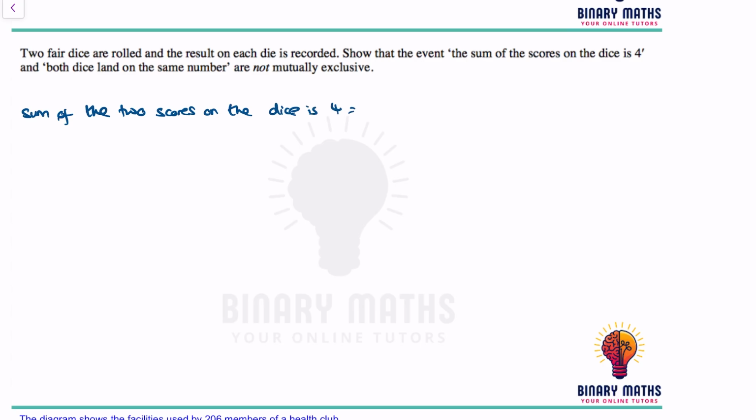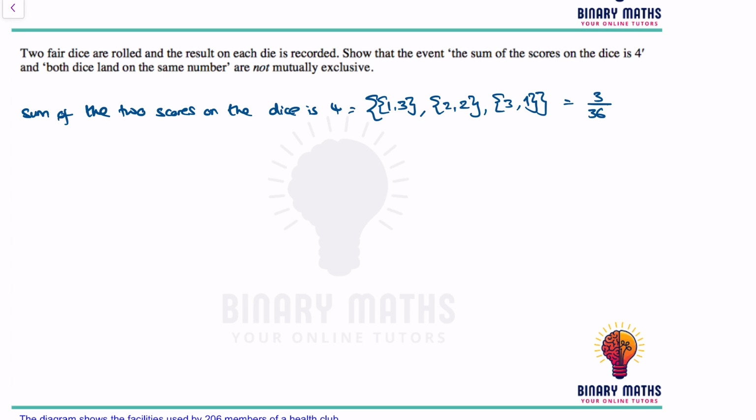How many possibilities do we have for this? So you can have 1 and a 3. So that's one. Roll a 1 and then roll a 3. Roll a 2 and then a 2. And roll a 3 and then a 1. So that is 3 out of 36 possibilities in total.